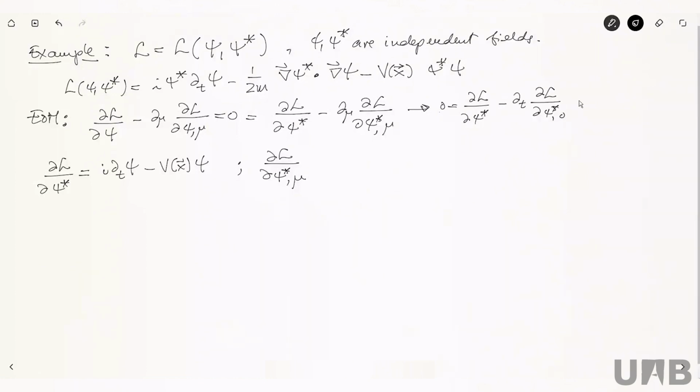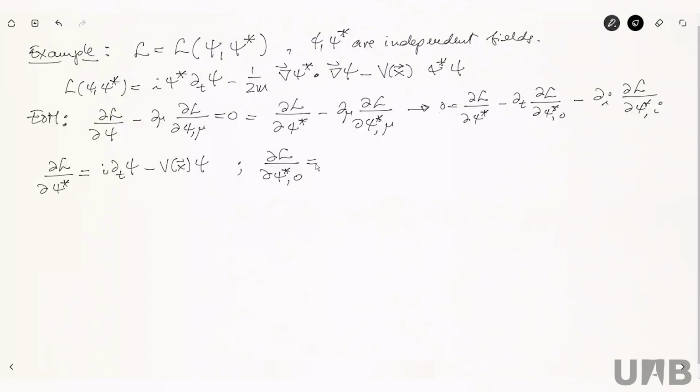So that's the time derivative minus derivative with respect to the spatial components of dL with respect to psi star spatial derivative, right? So let's do it step by step. But since this is the first time that we do it, let's do it step by step.